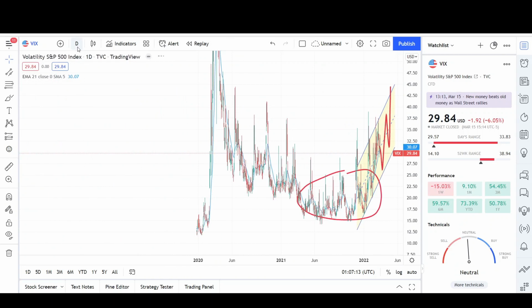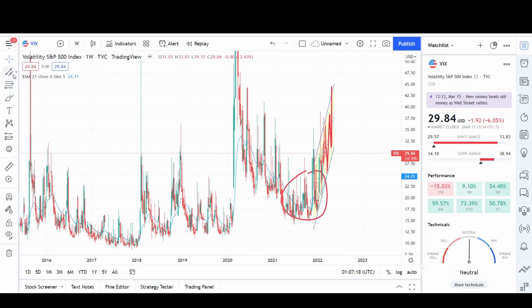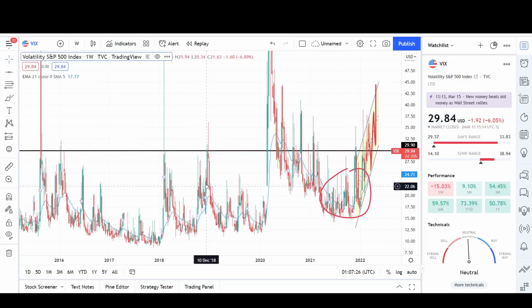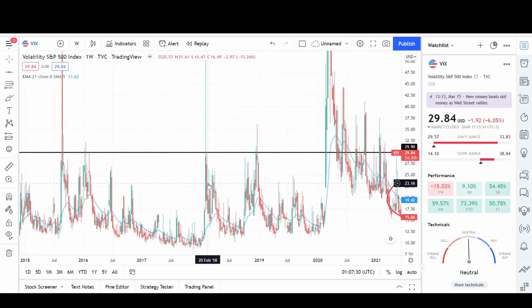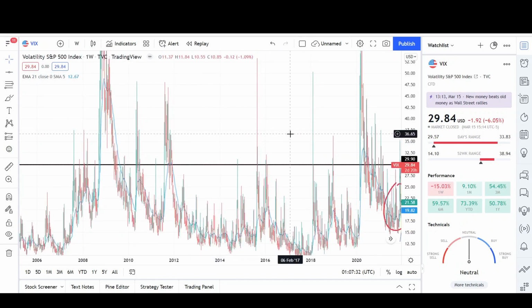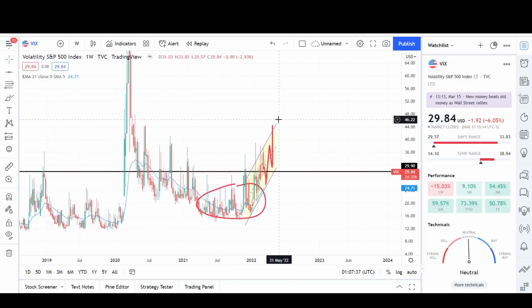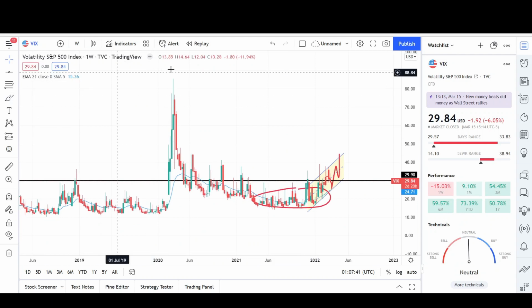swings. And if I go to the weekly chart, you can see that most of the price bars are below this current level that we're at, the 29 point level. Most of these candlestick bars are below this horizontal line, so you can say we're pretty much above average right now. Back in 2020, we had a massive amount of volatility, and that's what this spike is right here.